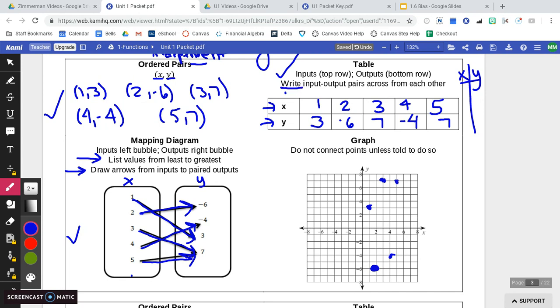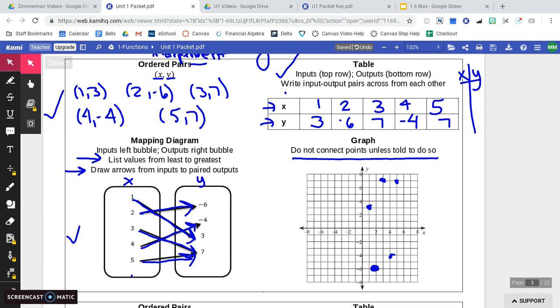Notice in the directions it says, do not connect points unless told to do so. Not all graphs have to create shapes. So we're going to go ahead and leave this unconnected, or disconnected, for this problem.